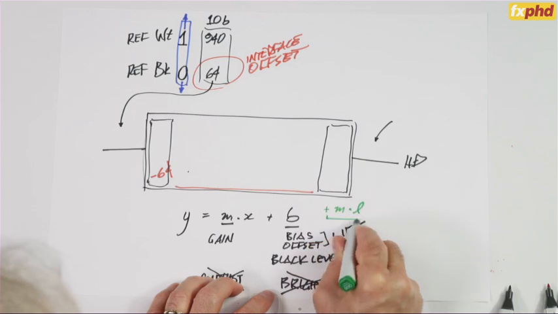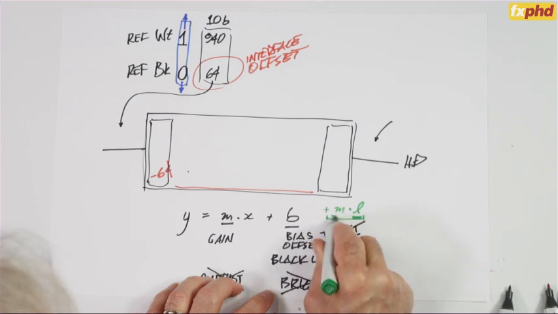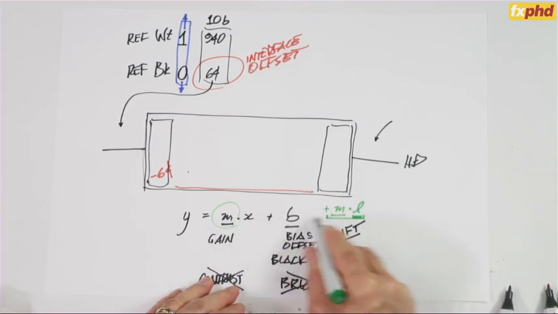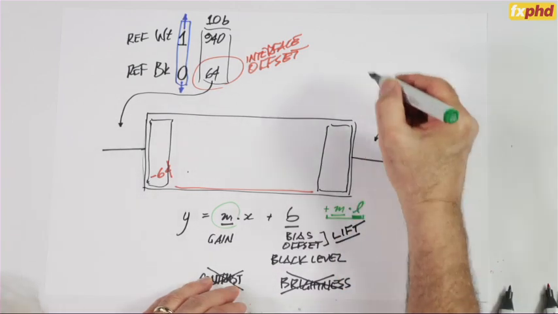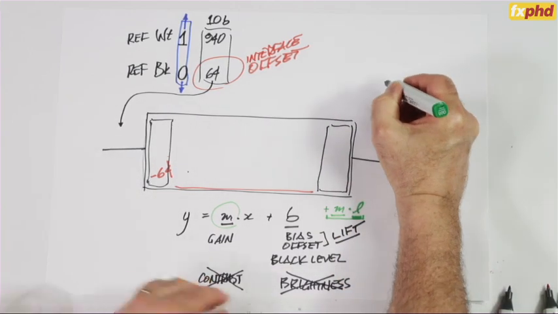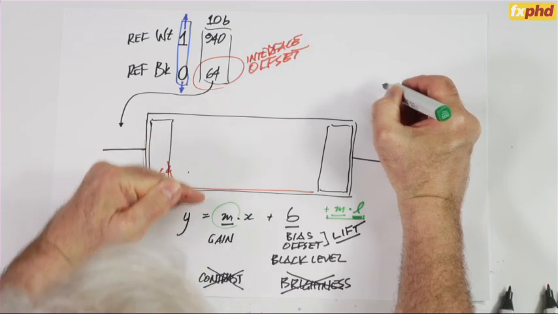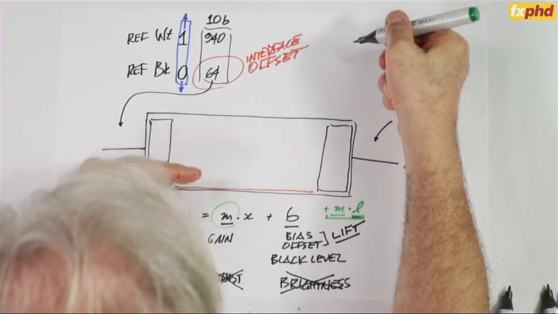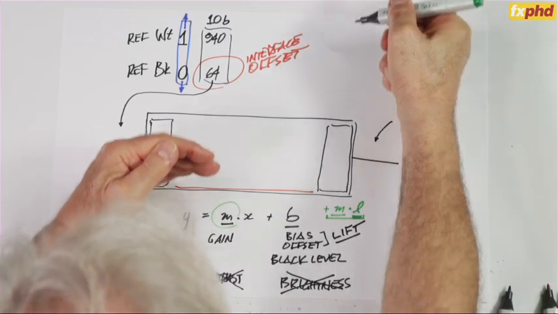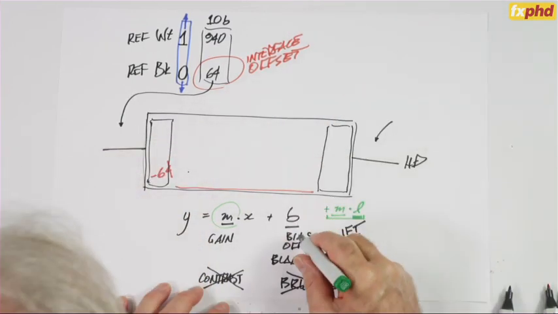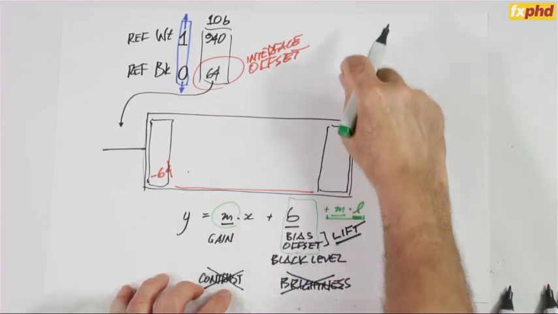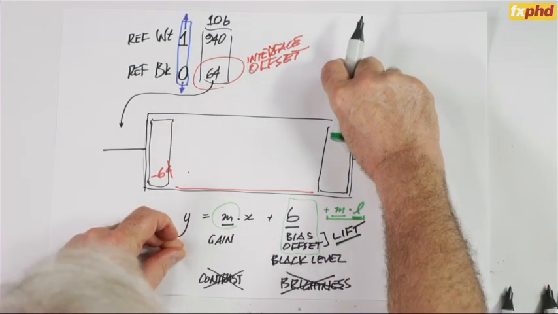So it's still an additive term, but now the additive term lift is multiplied by the M. That little mathematical construction basically leaves white staying put when you move the black up and down using lift. That's all that does. It's a nuisance if, while you're adjusting the blacks, the whites also go up and down, and that's what happens with the bias or offset control. So we implement lift instead, and it just alters black but leaves white where it sits.